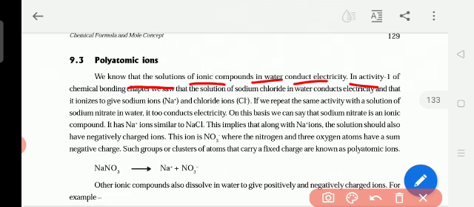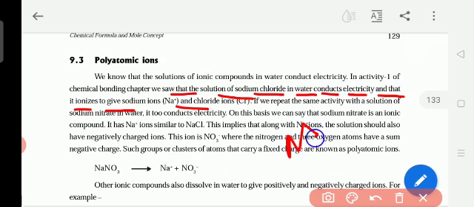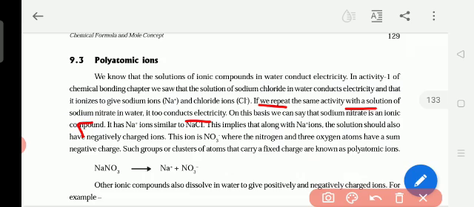In activity 1 of the chemical bonding chapter, we saw that the solution of sodium chloride in water conducts electricity and that it ionizes to give sodium ions and chloride ions. When we keep the salt in water, Na plus and Cl minus will separate, and it conducts electricity. And we repeat the same activity with a solution of sodium nitrate.